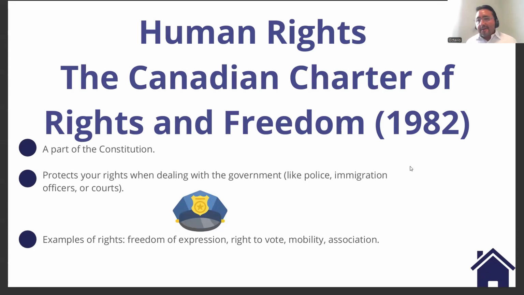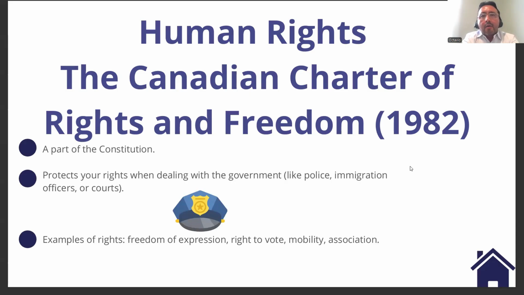And here we are going to talk about human rights in Canada. As we all know, with the Confederation in 1867, the Constitution was created, but it was not until 1982 that the Canadian Charter of Rights and Freedoms was incorporated at the constitutional level.